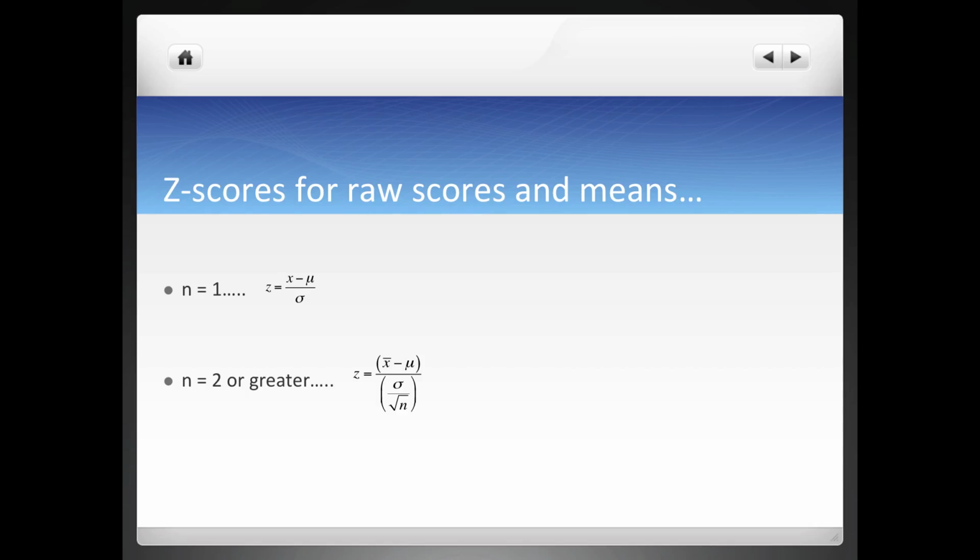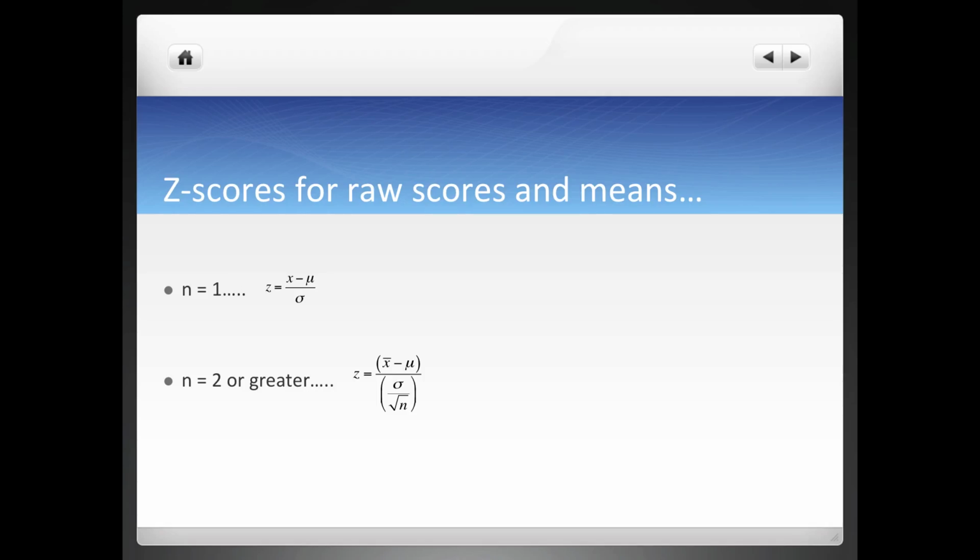Let's think about where we've been and what we've done. So far, we've looked at z-scores for simply a raw score, and I would like for you from here on out to start thinking about that as when n is equal to 1. And the z-score that we have there is just x minus mu over sigma. And we've used that before in the class. Now, as we get into larger samples, say 2 or greater, we express our measurements collectively by using the mean.